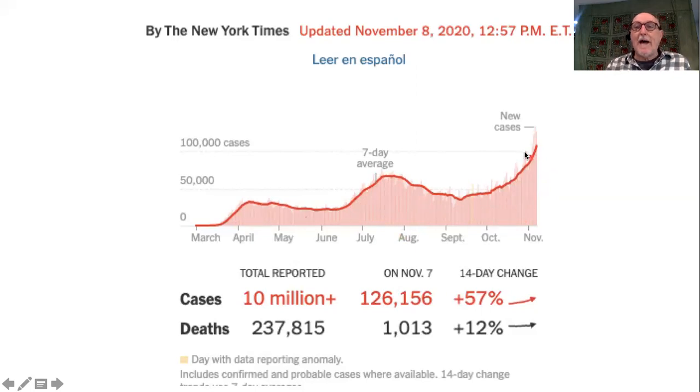This is a typical pattern for respiratory illnesses, that they increase in autumn and winter. The reasons are not always absolutely clear. It certainly has something to do with the fact that people begin to spend more time indoors, and they are more likely to come into close contact with other people during winter.